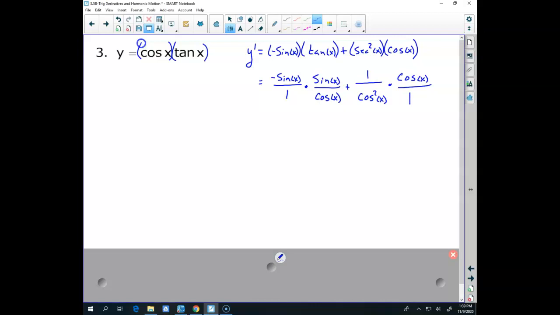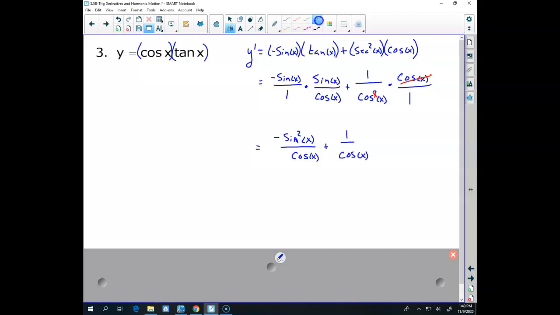Okay, and then you're looking at this thing and you're like, whoa, check it out. That cosine reduces and gets rid of that. So I'm really looking at negative sine squared x over cosine x plus 1 over cosine x.